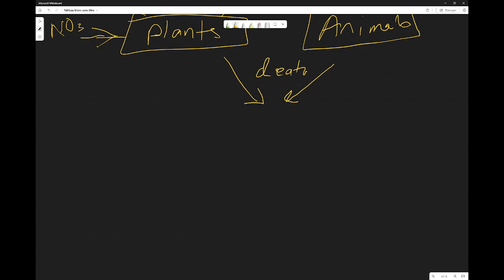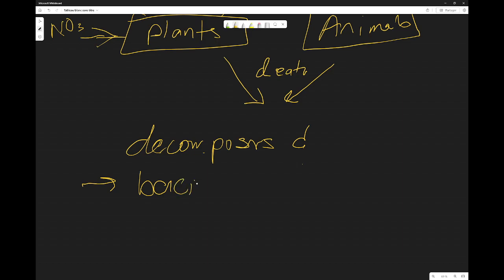So usually when organisms die, we have things called decomposers. We do have different names for these things. Some of the decomposing is done mostly by some bacteria, like the Bacillus genus.